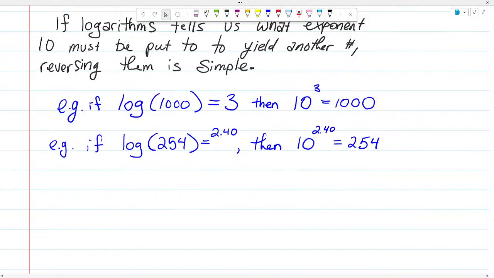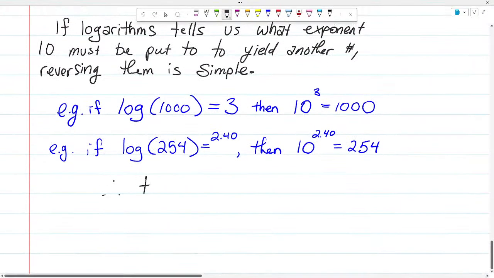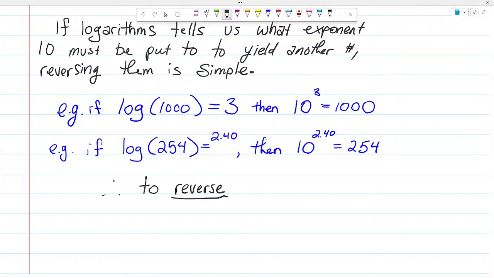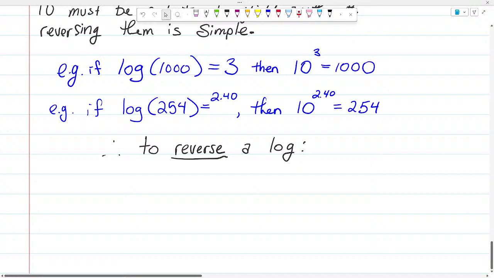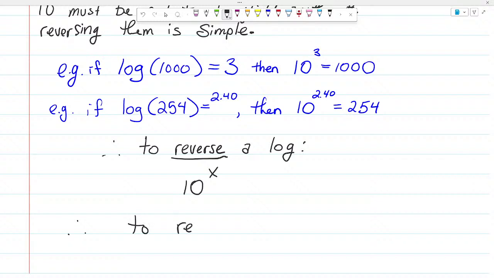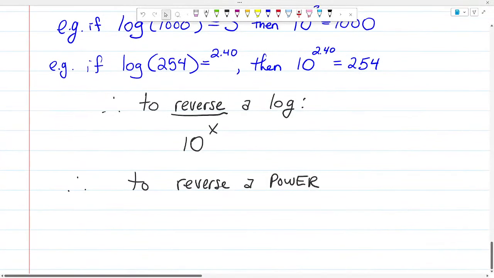Therefore, to reverse a log, ten to the exponent x, right? Therefore, to reverse a power, we can say this.